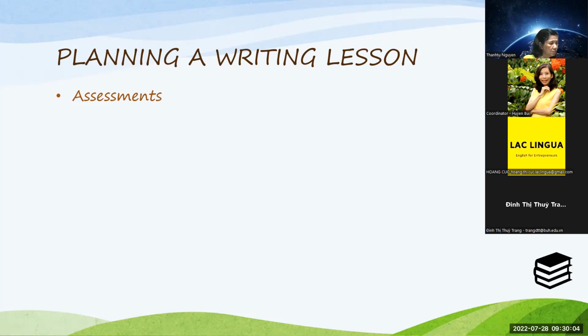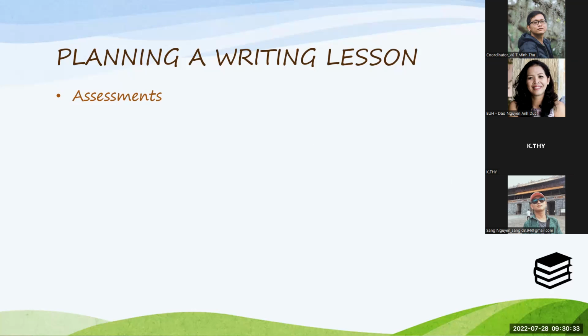Any idea? Yes, we have a rubric. Rubric means the tool we are going to use to evaluate their writing. So we will have to design a writing rubric for this task, but a rubric for what?